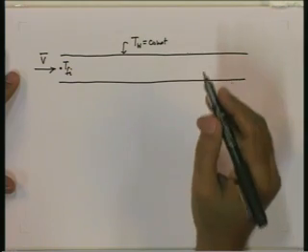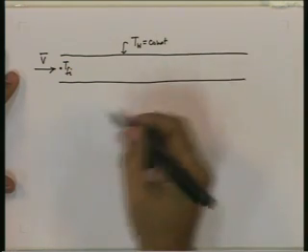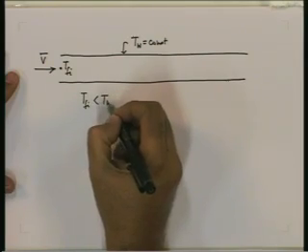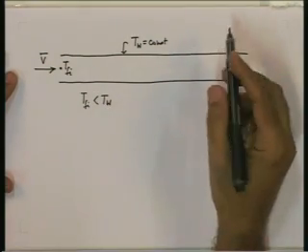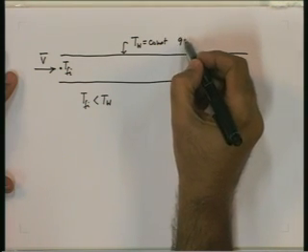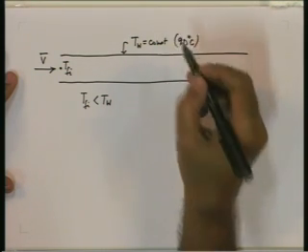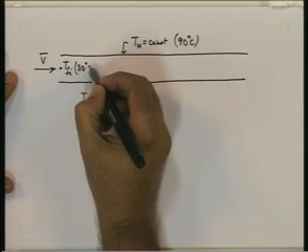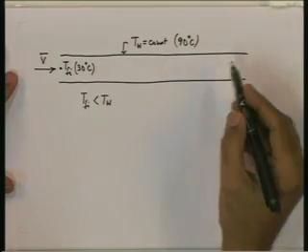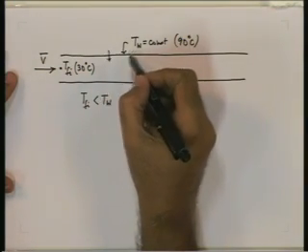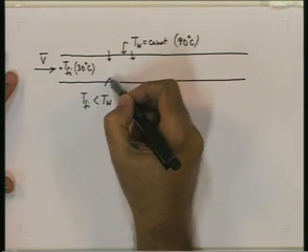And let us assume for the time being that TFI is less than T wall. Let us say T wall is something like 90 degrees C and TFI is something like 30 degrees C. What will happen? The wall is warmer than the fluid, so there will be a heat flow from the wall to the fluid.